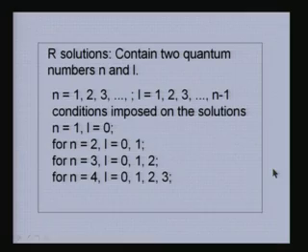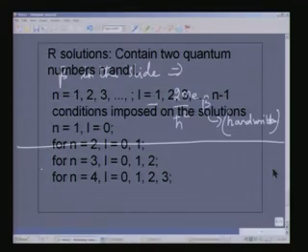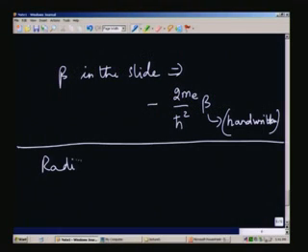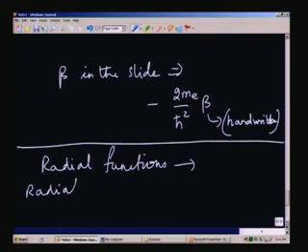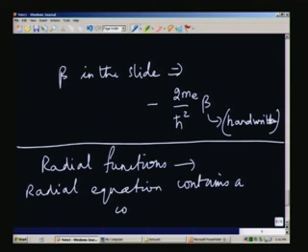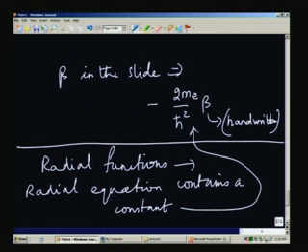Now the r solutions, let us now look at the radial functions. The radial equation, if you remember, contains a constant called beta, this one, it contains this constant.